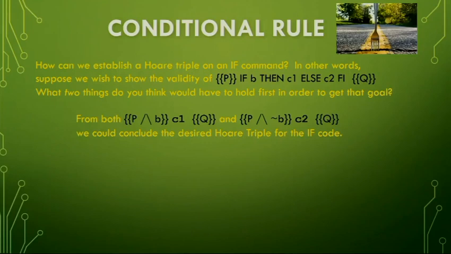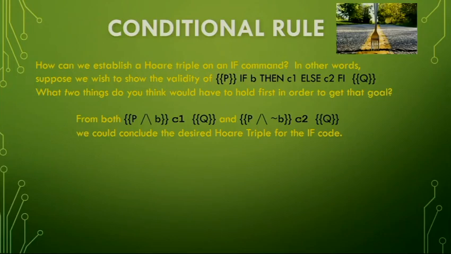So I think we're pretty close to getting it. So basically, these are the two things we need to know. Now, I'm being a little bit abusive with my notation here, but I think this is the idea, right? What needs to happen is we need to know that before you do C1, you have P, and B is true.